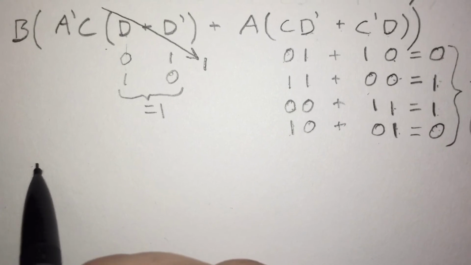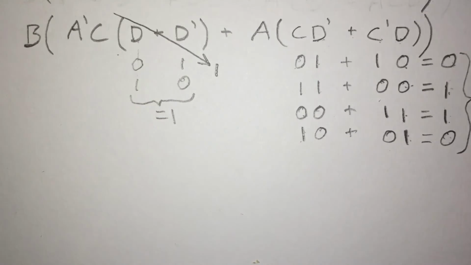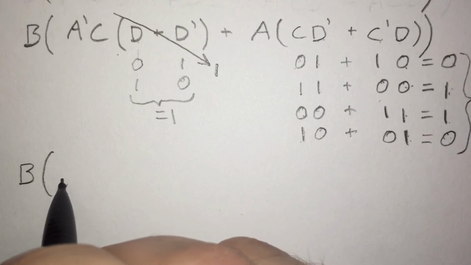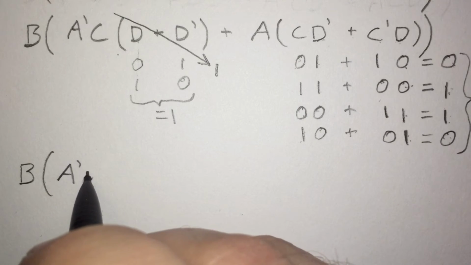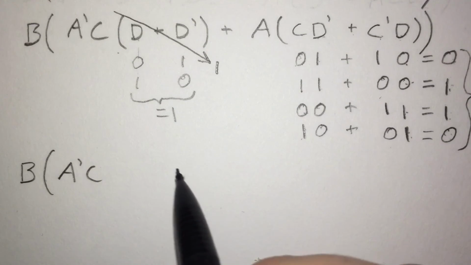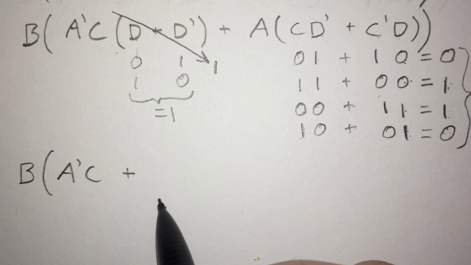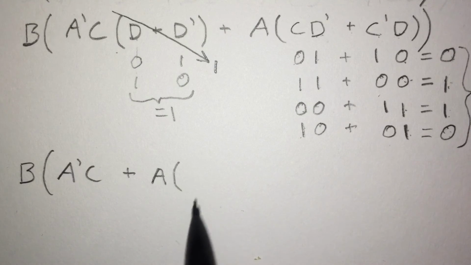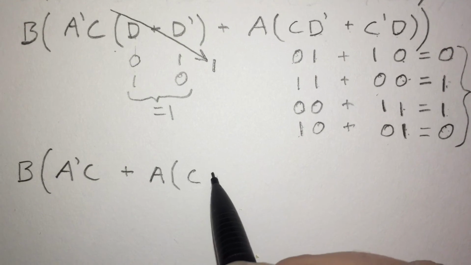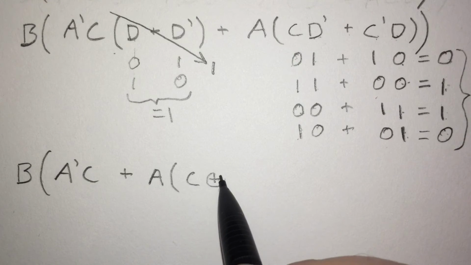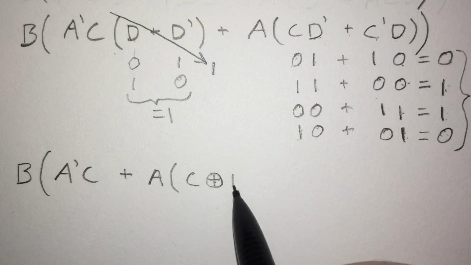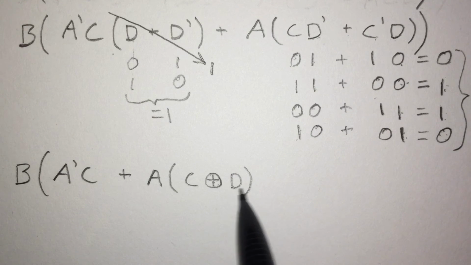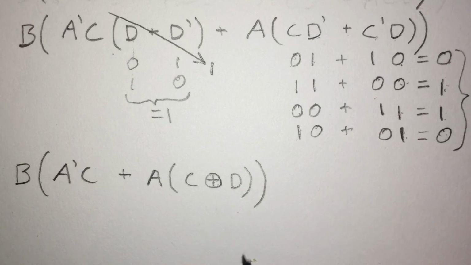So eventually we get B, A naught, and C, or A, C, exclusive OR D, or C exclusive OR D.